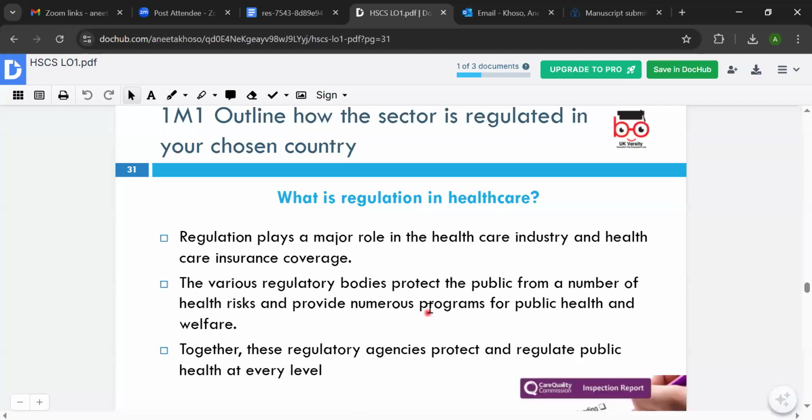Regulation plays a very major role in the healthcare industry and healthcare insurance coverage. The various regulatory bodies protect the public from a number of health risks, and they are there to provide numerous programs for public health and welfare. Altogether, these regulatory agencies protect and regulate public health at every level.